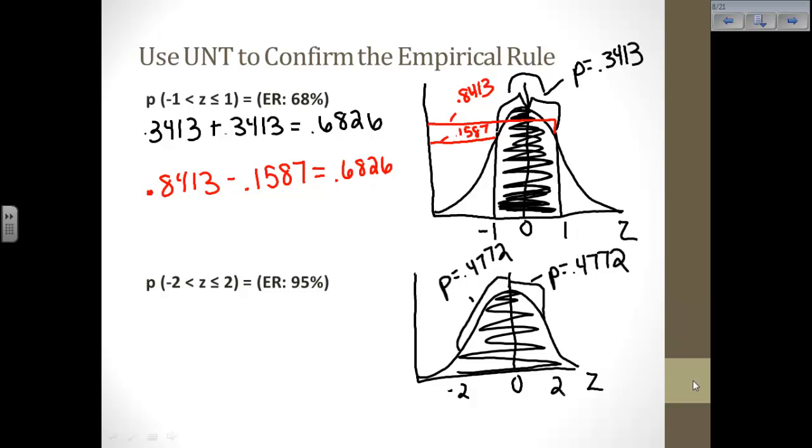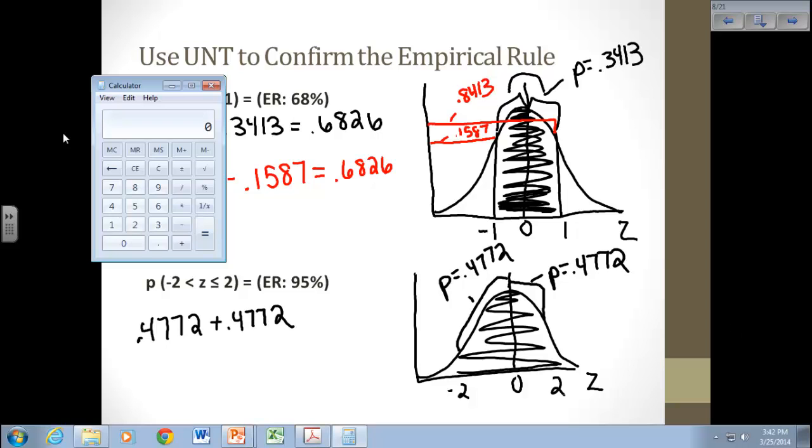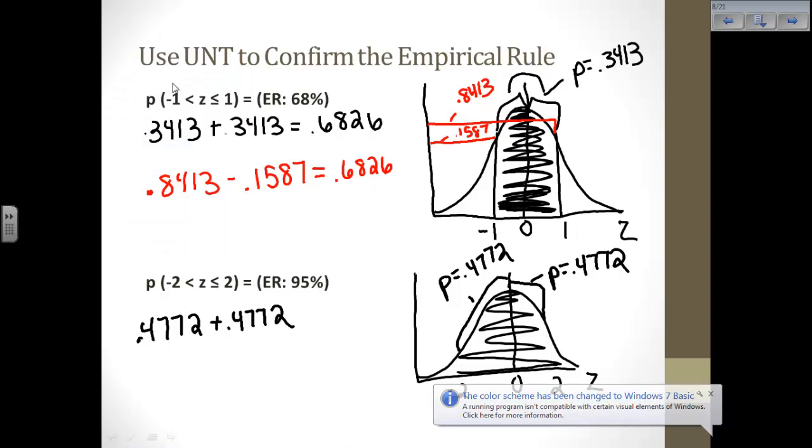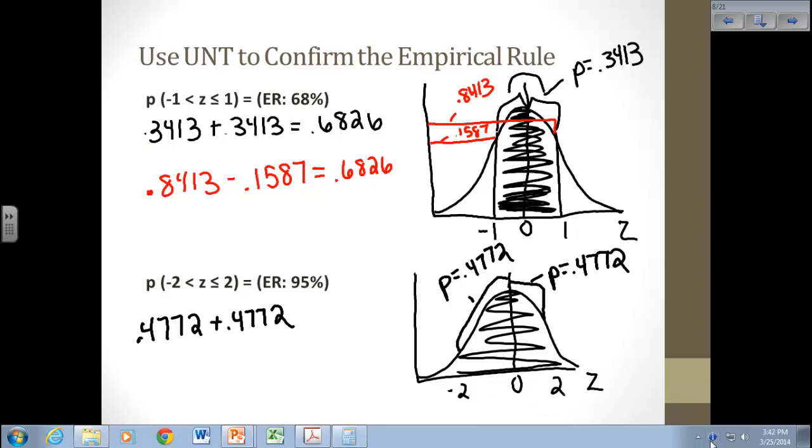Remember, it's symmetrical, so there's the same proportion of scores between a z-score of 0 and 2 and 0 and -2. So we can just take 0.4772 plus 0.4772, and you end up with 0.9544. Or if you multiply that by 100, roughly 95%. Now you can also go the body minus tail route, and you'll still get the same answer.